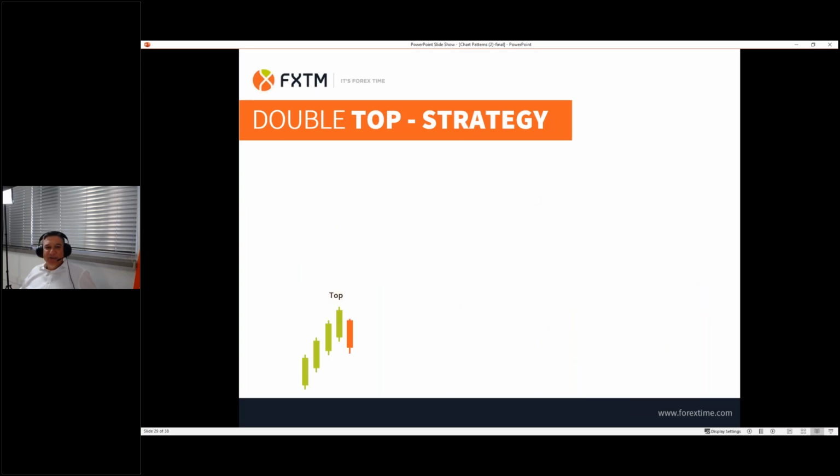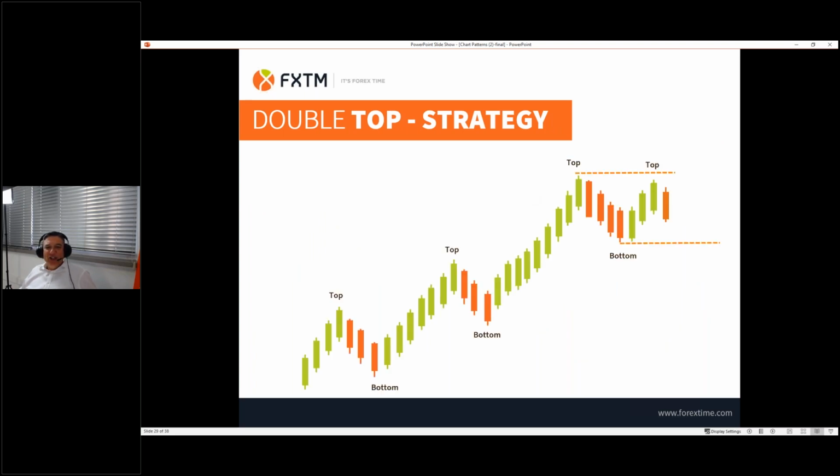Double top strategy. We know the double top strategy, right? Two tops at more or less the same level, and then prices fall below the bottom. Then what? We can use the Fibonacci to identify potential take profit levels. We click on the Fibonacci icon, then we attach Fibonacci at the bottom and drag it to the top.